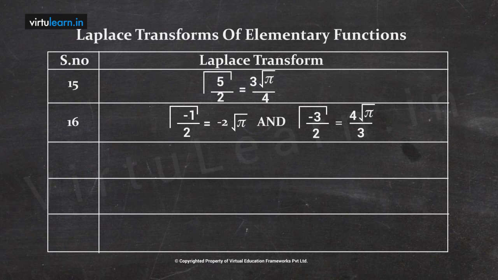Gamma minus 5 by 2 equals minus 18 by 5 square root of pi. These values are important, and frequently we will get this type of values. Suppose they ask gamma minus 7 by 2, by using the formula gamma n plus 1 equals n gamma n, we can calculate it very easily. And we have a special chapter on beta and gamma functions, which you can see and verify.